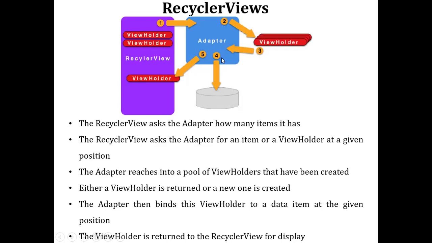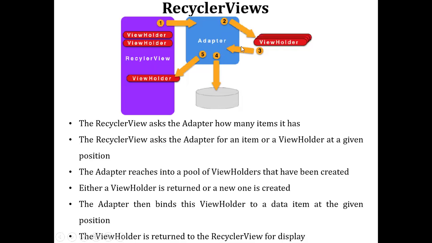First, the recycler view asks the adapter how many atoms it has. Then the recycler view requests a view holder or atom to be displayed. Then the adapter goes to the pool of view holders which are already available, or it creates new view holders. Then this view holder is returned to the adapter.